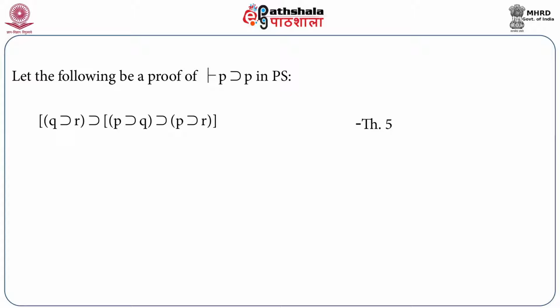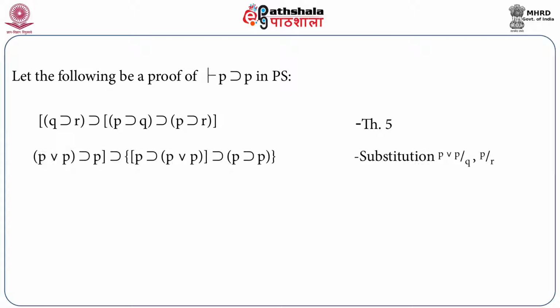In other words, every occurrence of Q now will be substituted by P or P, and every occurrence of R by P. So this is what we get after substitution: P or P implies P, the whole thing implies P or P, together implies P implies P.